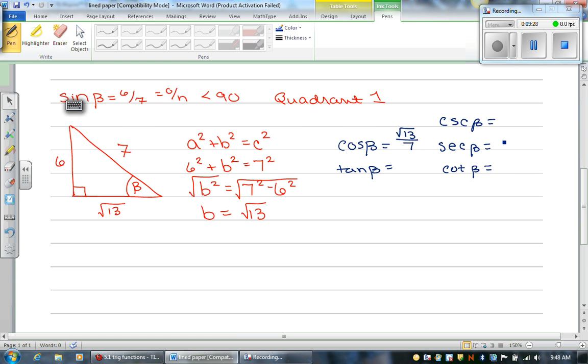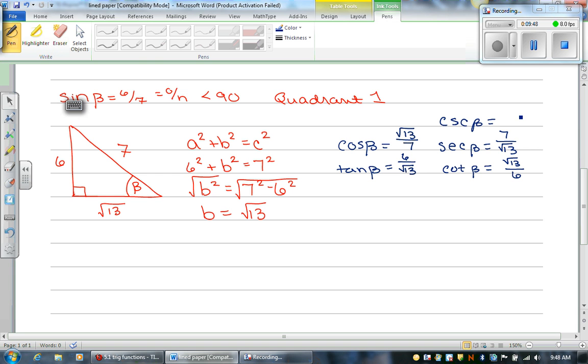The reciprocal being hypotenuse over adjacent, so 7 over the square root of 13. Tangent, opposite over adjacent. Opposite is 6. Adjacent is the square root of 13. Cotangent, square root of 13 over 6.